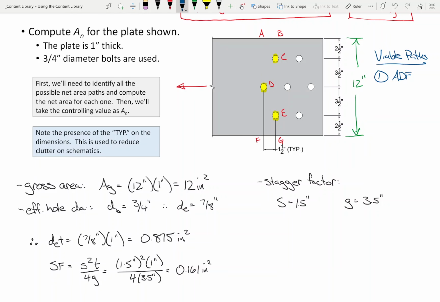Does everybody agree that's a viable path? Okay. 2. Give me another one. BCDF. Everybody agree that's a viable one? How about another one? Say it again. Is that going to be the same thing as BCDF? Yes, it is. So I'm going to lump these together.